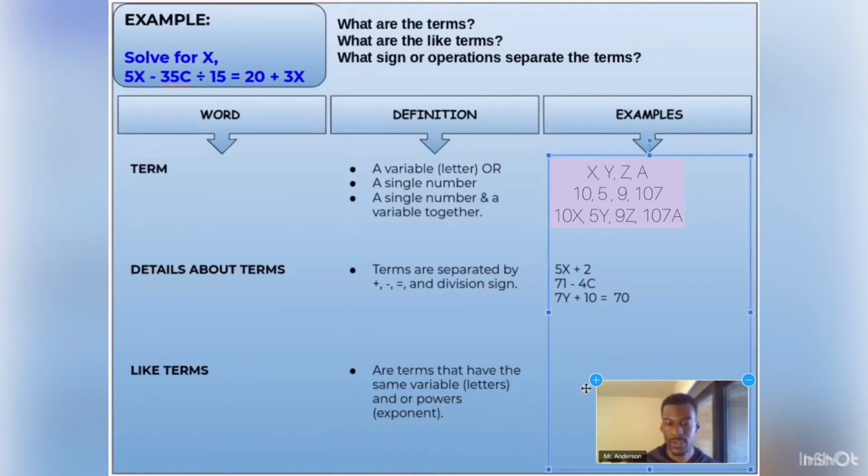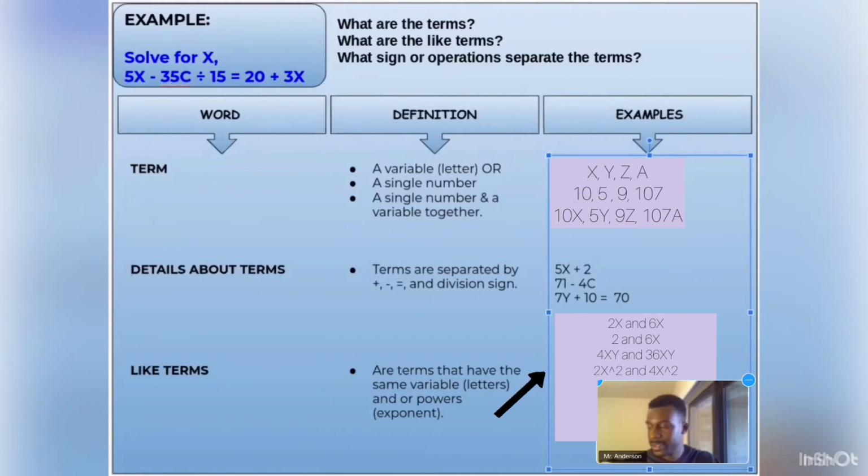So let's go down, and if you don't understand exactly what I'm talking about, just go on Google and Google exponent, and it'll show you, and you'll say, oh yeah, I remember that. Okay, so like terms, let me give you some examples of like terms. Let's say 2x and, today is the 6th, so I'll use 6. 2x and 6x, they are like terms.